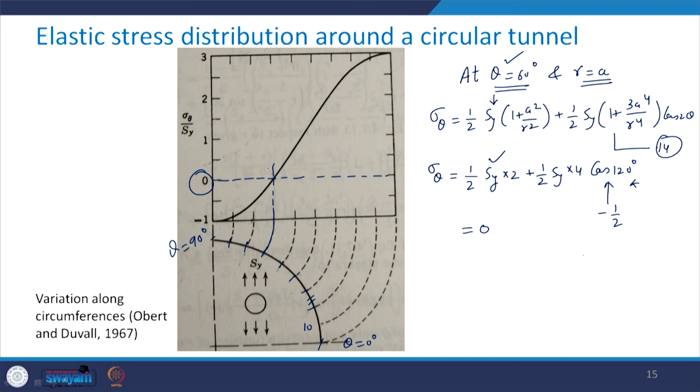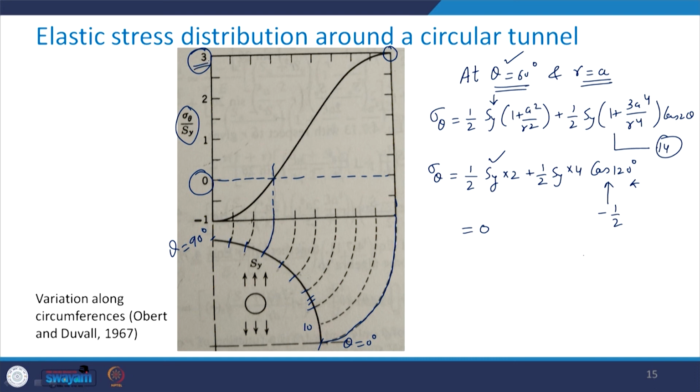Now, at theta equal to 0, you have seen that sigma theta upon Sy works out to be 3. That is what has been shown here in this figure. At theta equal to 0, take the projection and go along this line, and corresponding to this point your sigma theta upon Sy works out to be 3.